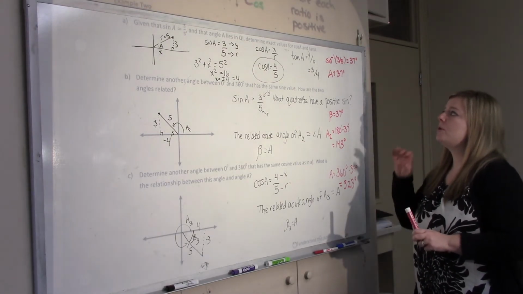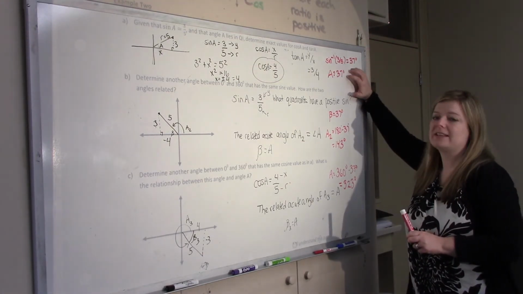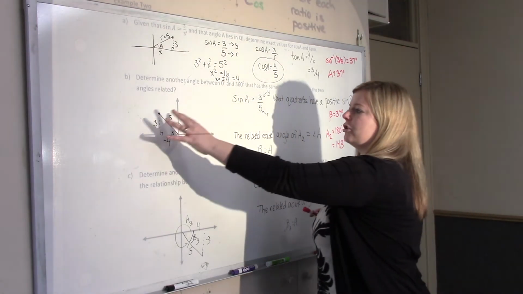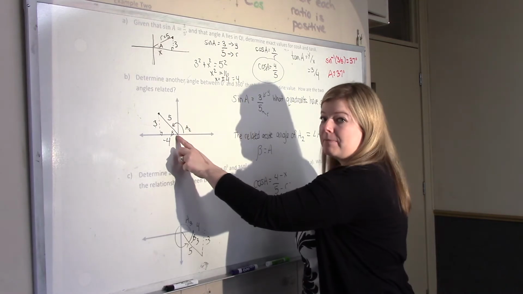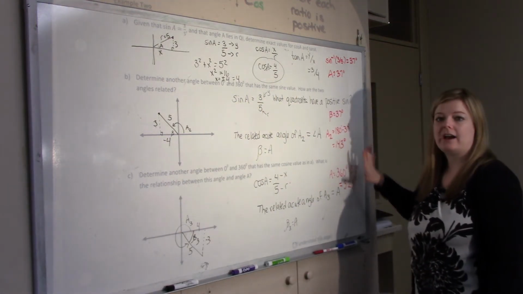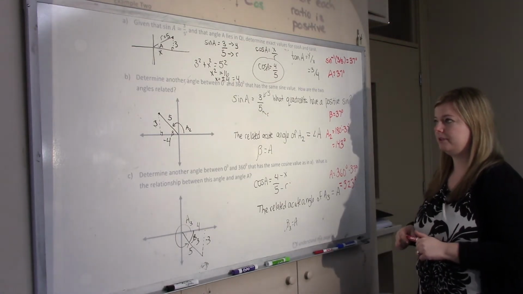All right? So you use your calculator to find this 37 degrees. And then you use the position of the terminal arm and the position of the related acute angle to find the size of the principal angle.